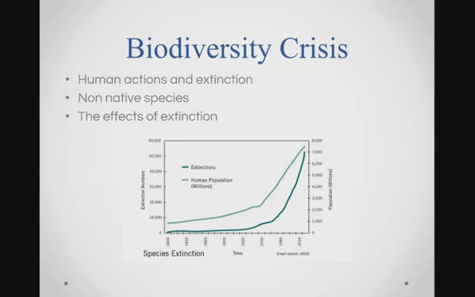So extinctions can happen in many different ways, such as overuse of a resource like salmon or trees or logging or other plants and animals that we use in everyday life. Sometimes extinctions can happen just because we overuse them and then the populations disappear. But other things can happen to make populations disappear too.